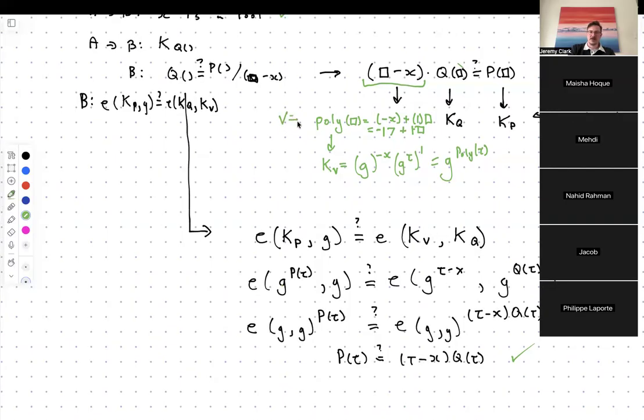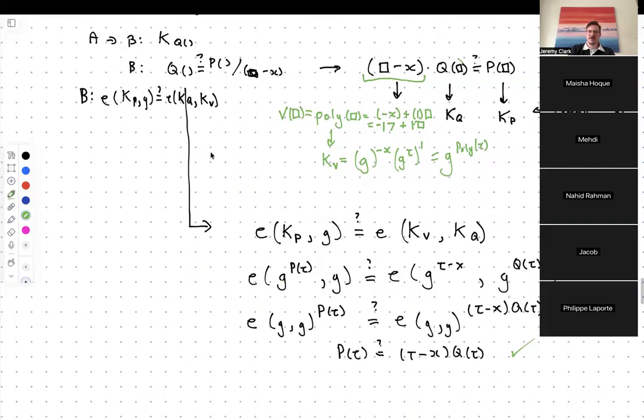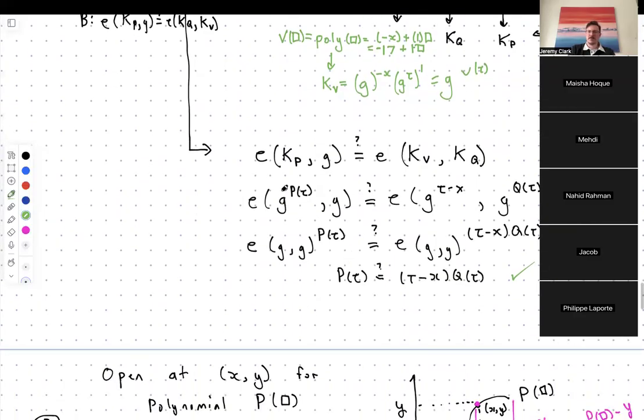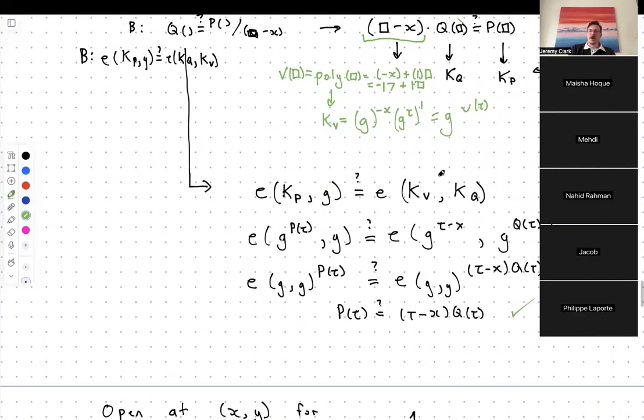I see it now, so maybe I just add this here. To give it a name, I started calling it V, so I'll put that as V. And this is a commitment to V here.